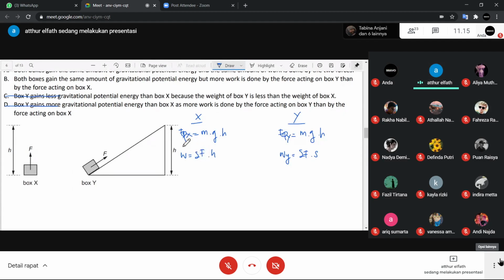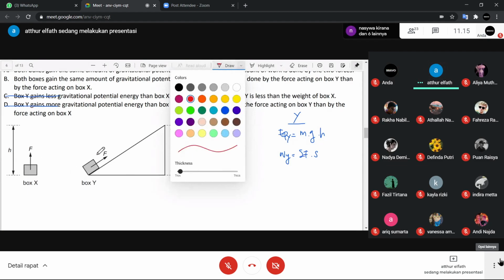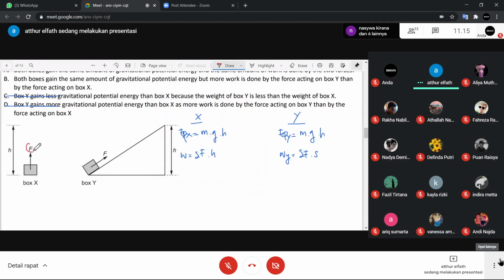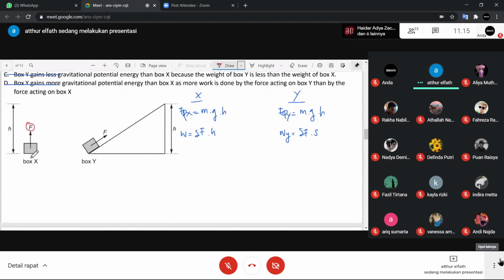What are the forces acting on this box? There is a force upward, and then the weight force. There are only two forces acting on this box, the force and the weight force, and both of them have opposite directions.